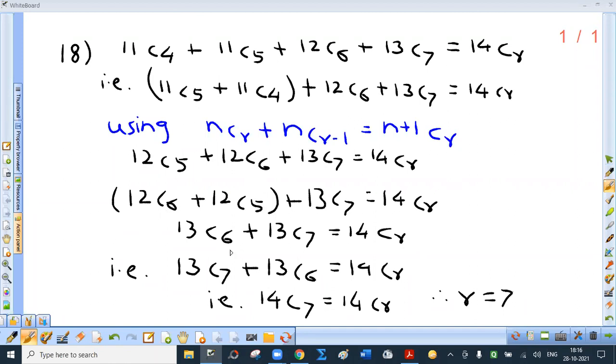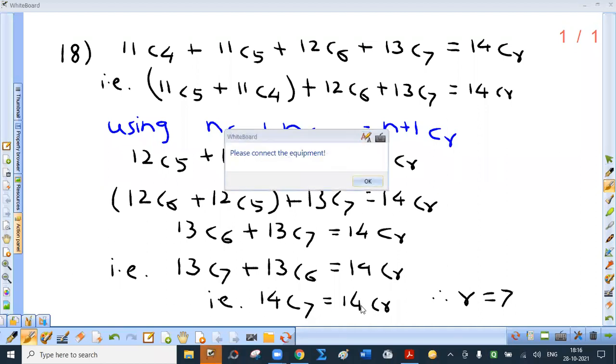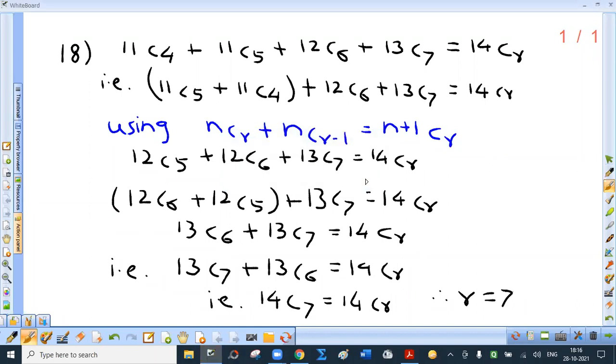I write 13C7 first. Again nCr plus nCr minus 1 is n plus 1 Cr. So 14C7 is 14Cr. Actually, there are two values in this case: 7 equal to r or 7 plus r equal to 14. But both equations give the same value of r, which is nothing but 7.